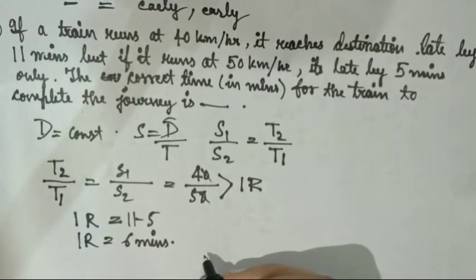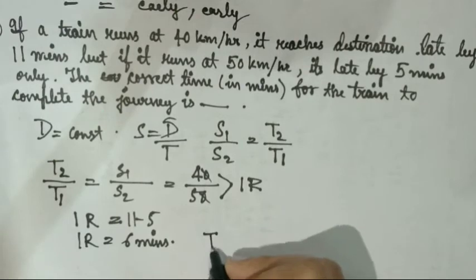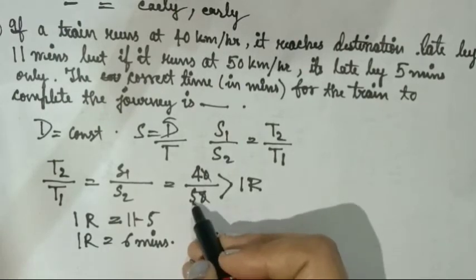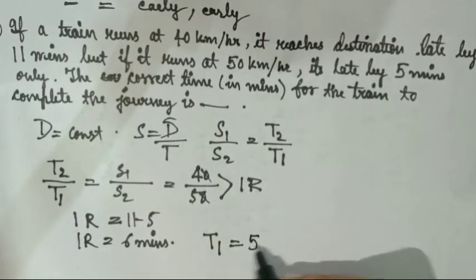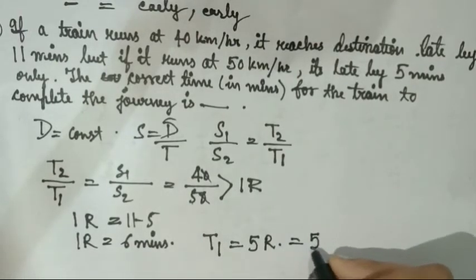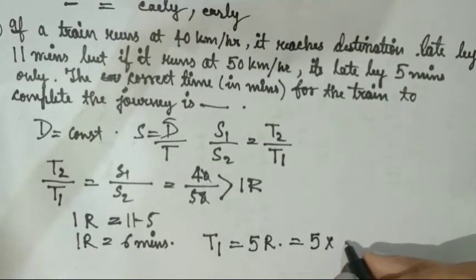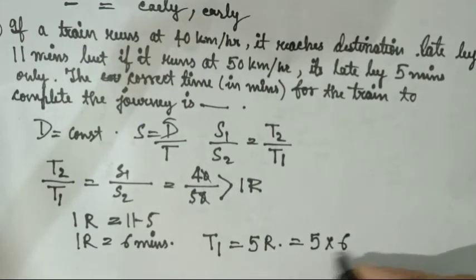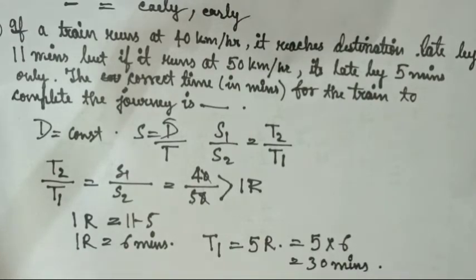Alright, so now we can find T1. T1 is how much? This is 5 hour, that is 5 into the ratio 6, so that is 30 minutes. Now we have to find the exact time.